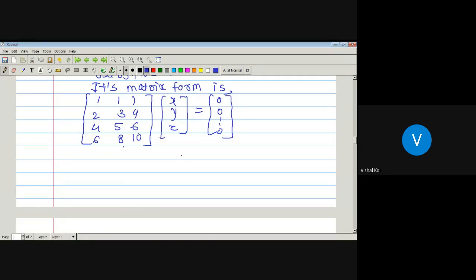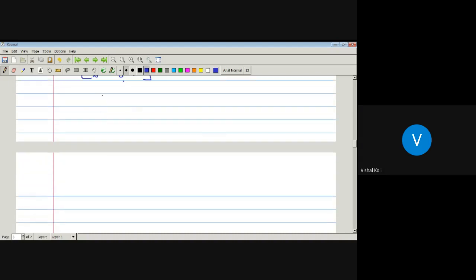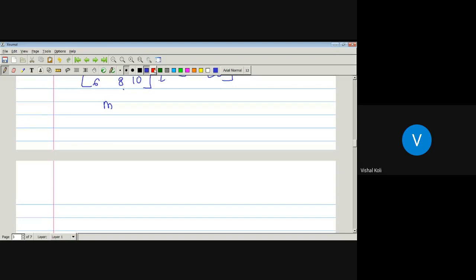Okay, now this matrix A is nothing but this one, this will be X and this will be B. Matrix capital A can be written as 1 1 1, 2 3 4, 4 5 6, 6 8 10.